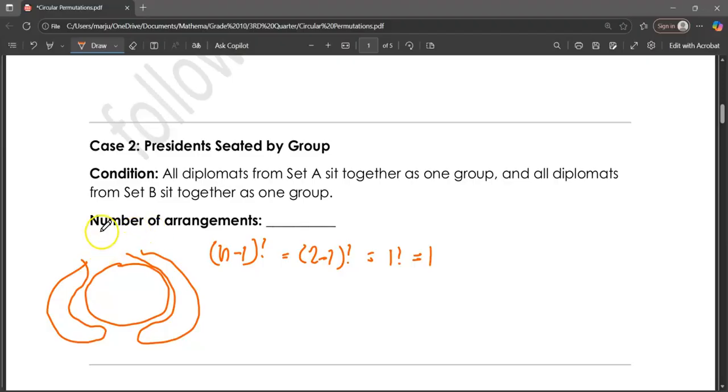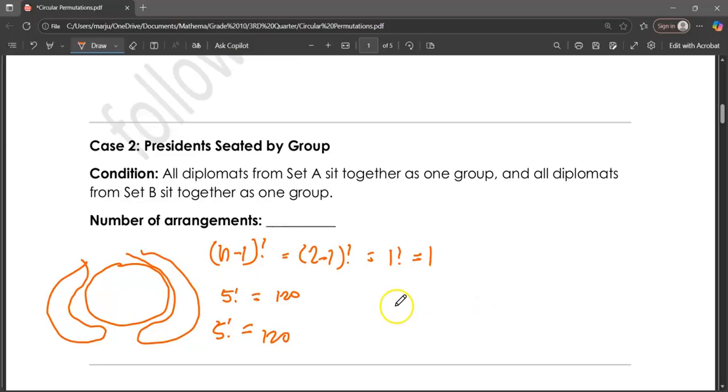Now, in each block, we can rearrange these 5 people in 5 factorial ways, right? Since there are 5 people inside this block, we can rearrange them in 5 factorial ways, or that is just 120. But not only that, we have another 5 factorial ways for the other block, that's 120.